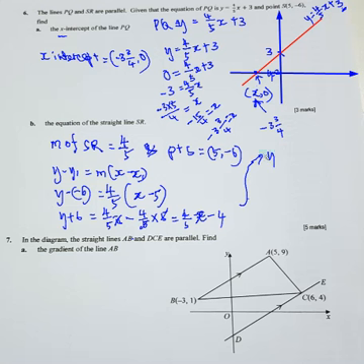So y, the 6 here, I'm going to bring it over to the right hand side. So it's 4 over 5x minus 4, we bring over, becomes minus 6. So it's y equals 4 over 5x minus 10. So this is the equation of line SR.